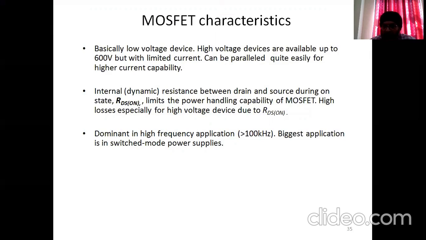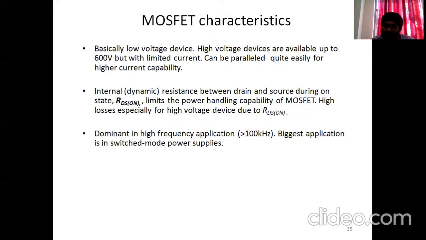So for high power or high voltage ratings of applications, this internal dynamic resistance can play an important part in power losses. That's why we cannot use these in high power rating applications, because huge losses can be incurred due to RDS, this dynamic resistance.